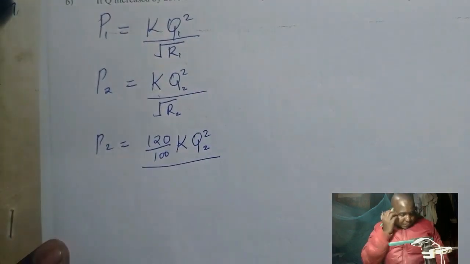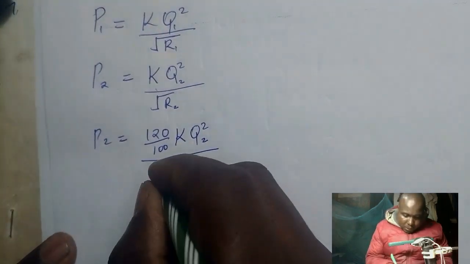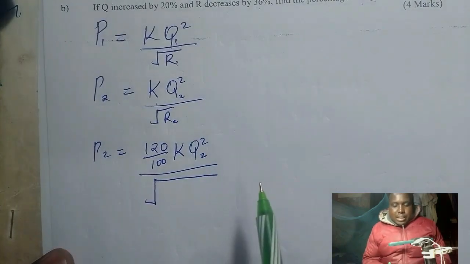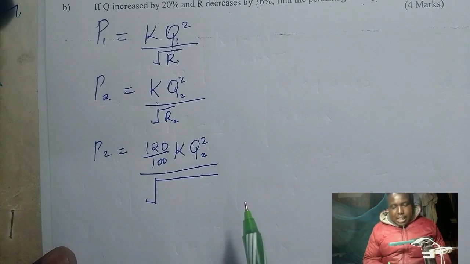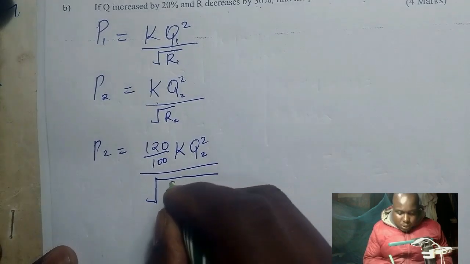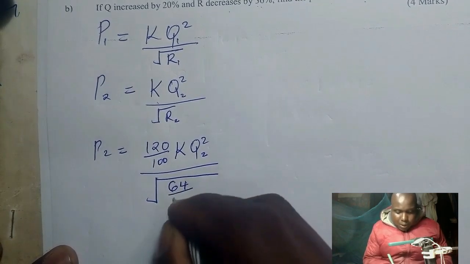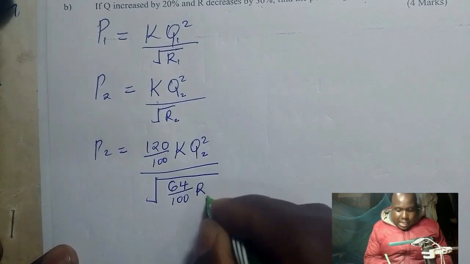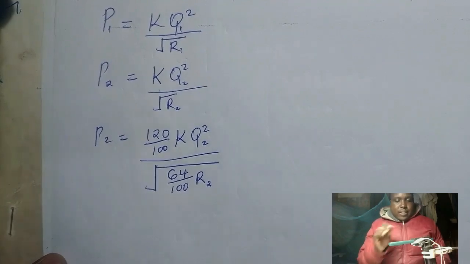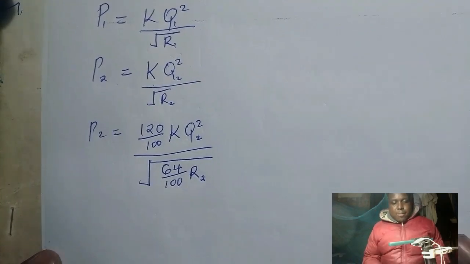We divide by the square root. R was decreased by 36%, so that is 100 minus 36, that is 64 over 100 R2. Yes, that's what we are going to have.